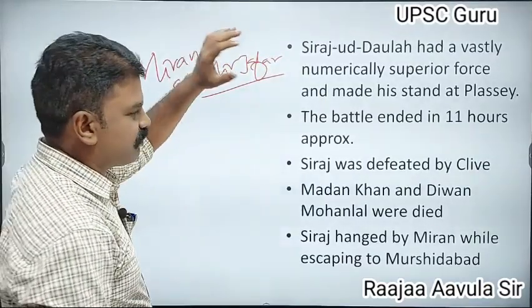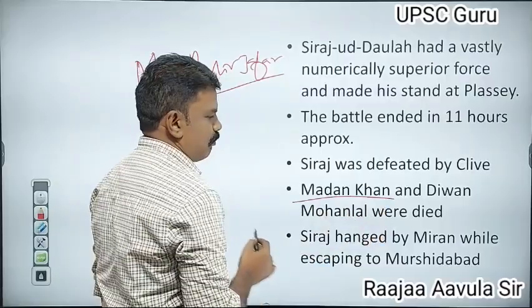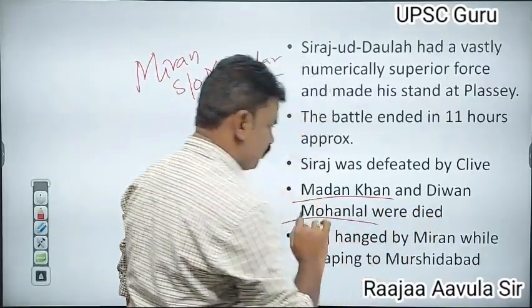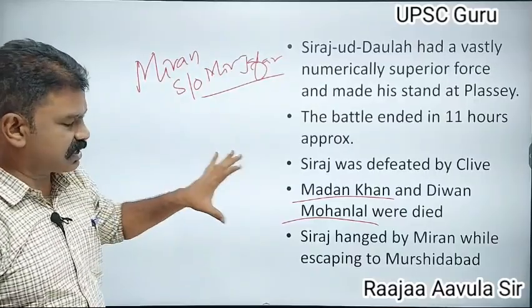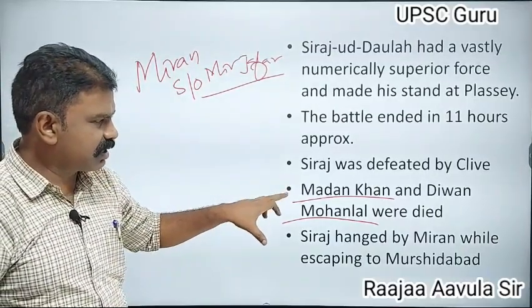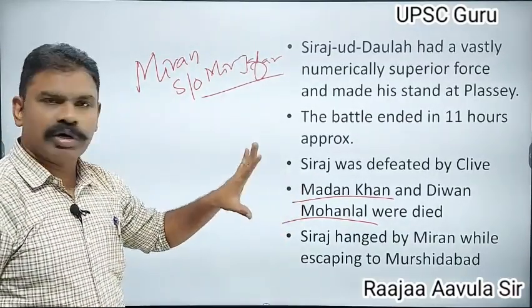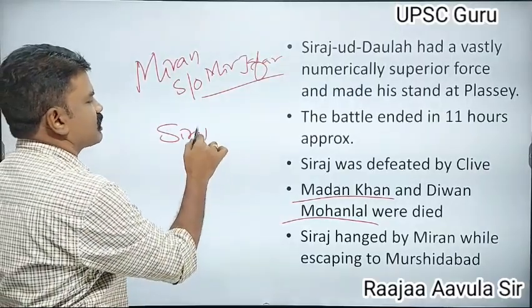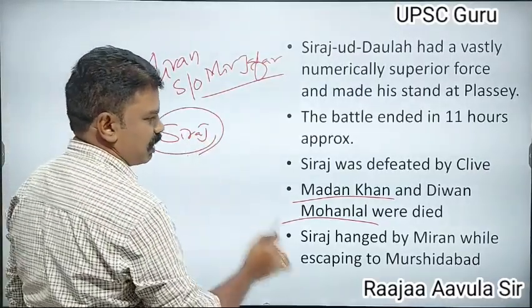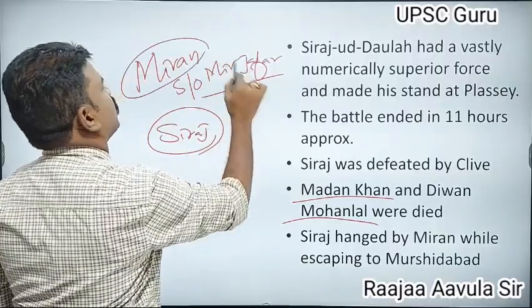So Siraj-ud-Dawla's army generals Madan Khan and Diwan Mohanlal died. Siraj also, while escaping, was caught by Miran, son of Mir Jafar.